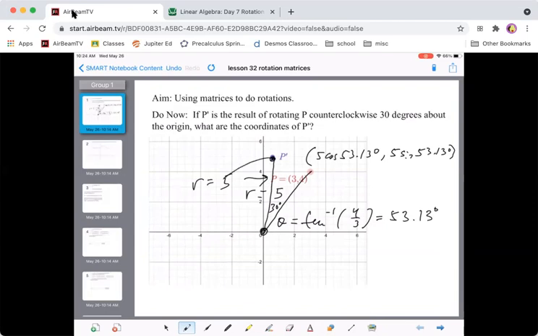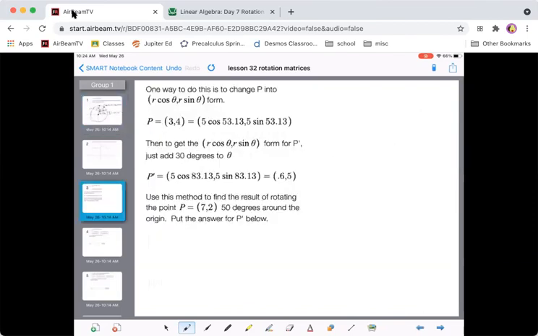So basically, there's a circle of radius 5 that both P and P prime are on. But P prime's angle isn't 53.13, it's 30 degrees more, so it's 83.13. So one way of doing this question would be to just plug in 5 cosine 83.13 and 5 sine 83.13, and out would come the answer.